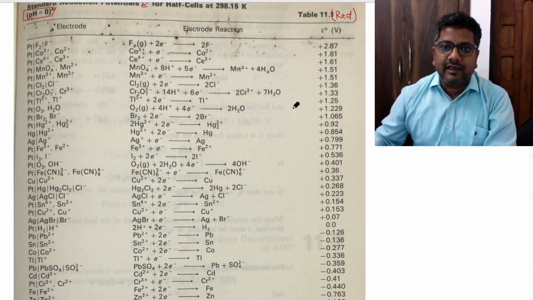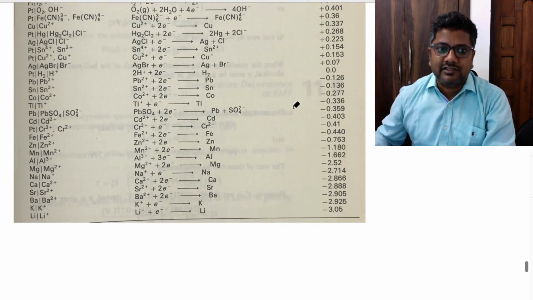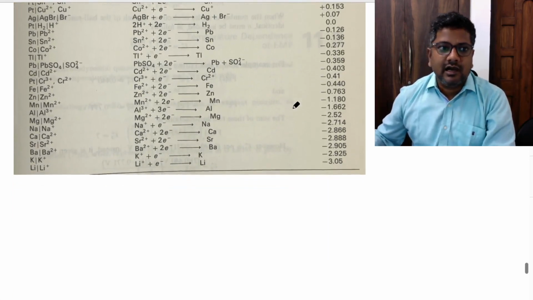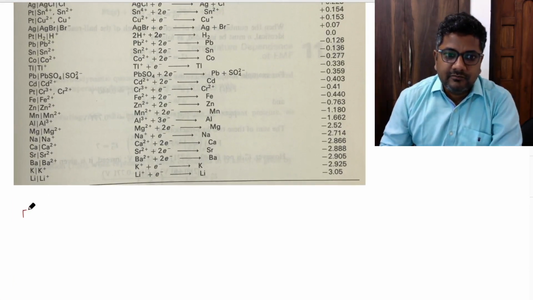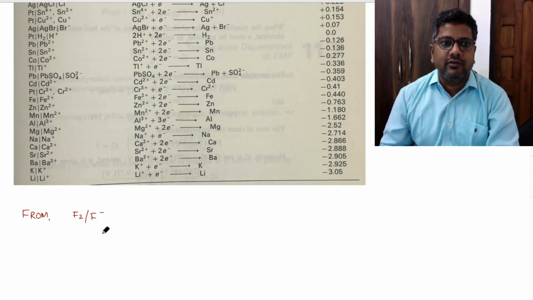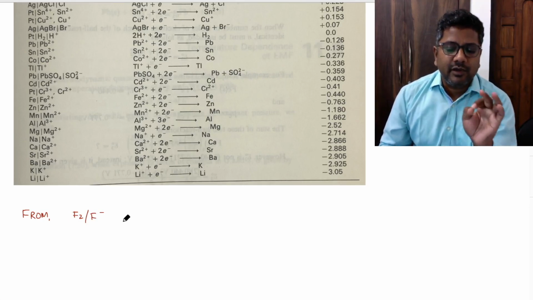So what you are observing here is that from F2 to this last Li. So how to write this? From F2 to F minus. Don't say fluorine, as I have warned you. You always speak of the couple.